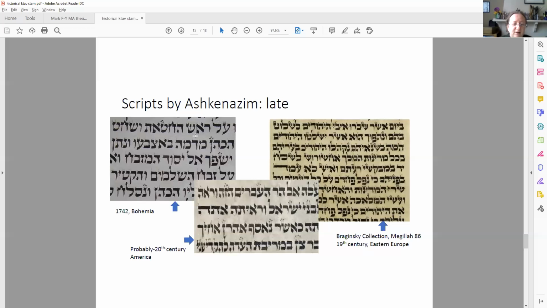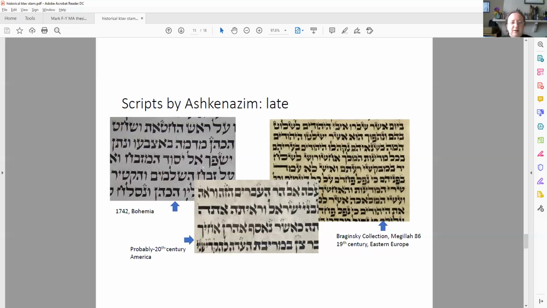Little hairline serifs like we had earlier in Ashkenaz. The tagin on shin and tet and the related letters are starting to appear. Sometimes he does really lovely, big assertive ones, and sometimes they're just little hairline strokes. That's just a peculiarity of this scribe. He's not totally consistent with them. Who knows why?